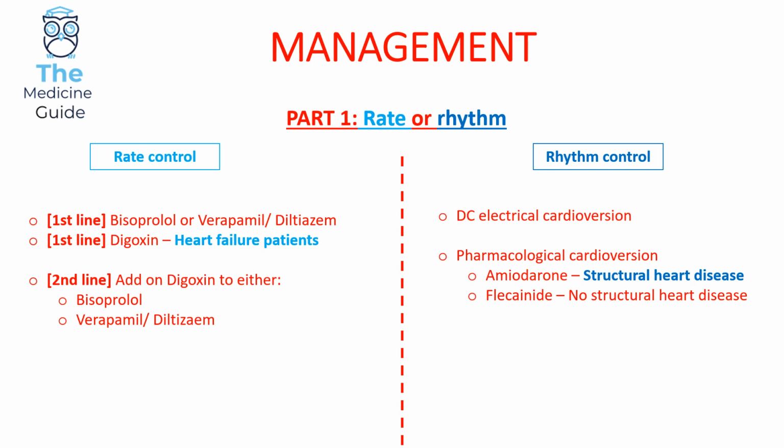Now, patients might have initially used rate control, but then later switched onto rhythm control if the symptoms or the heart failure has failed to resolve. The moment where a patient undergoes rhythm control and they're switching from their irregularly irregular rhythm back into sinus rhythm, this increases the risk of emboli developing, and it can increase the risk of an ischemic stroke. And that's something that we need to keep in mind.